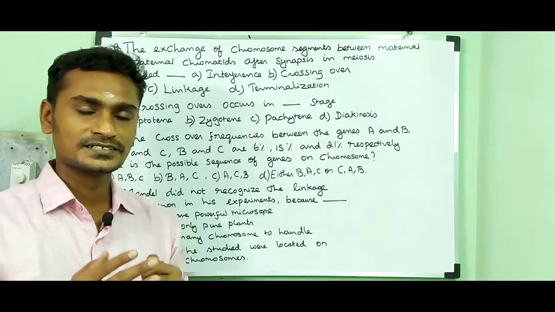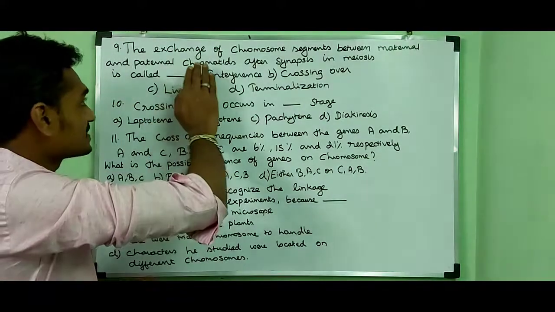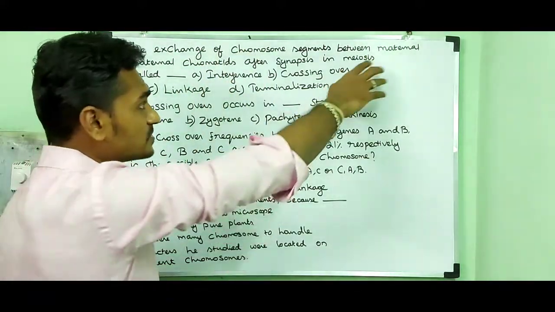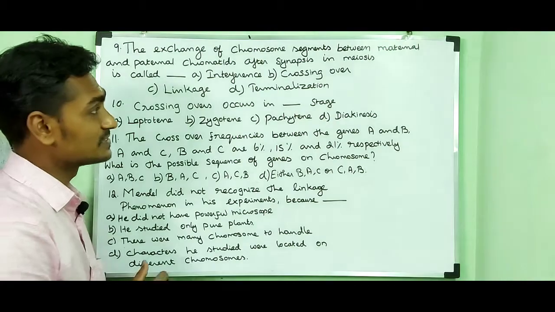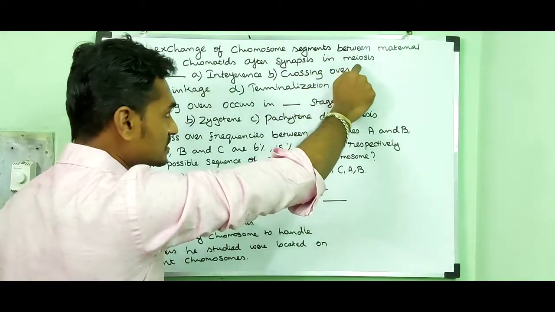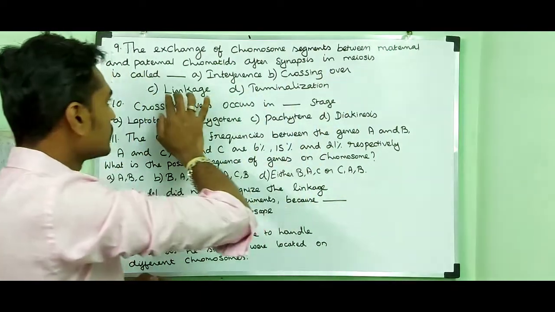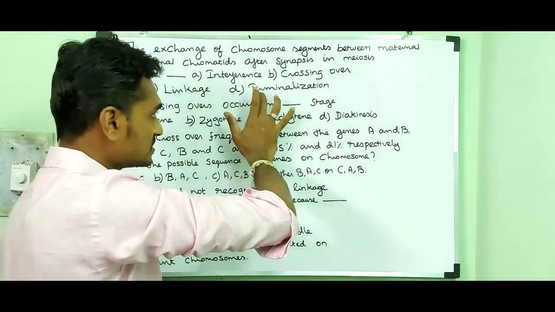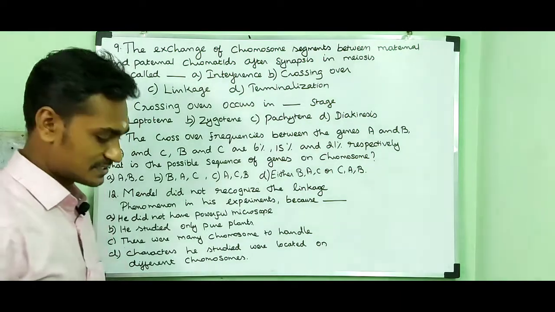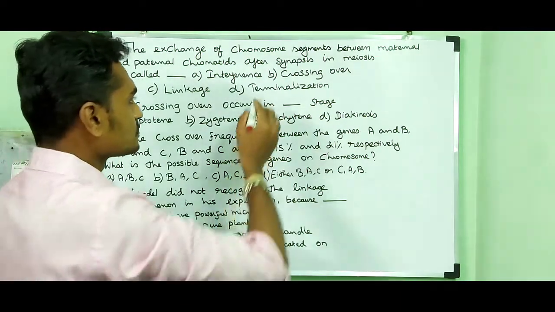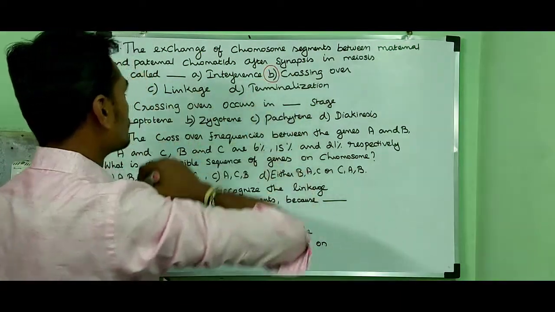Let's discuss the 9th question. The exchange of chromosome segments between maternal and paternal chromatids after synapsis in meiosis is called as option A, interference, option B, crossing over, option C, linkage, option D, terminalization. So the right answer is option B, crossing over.